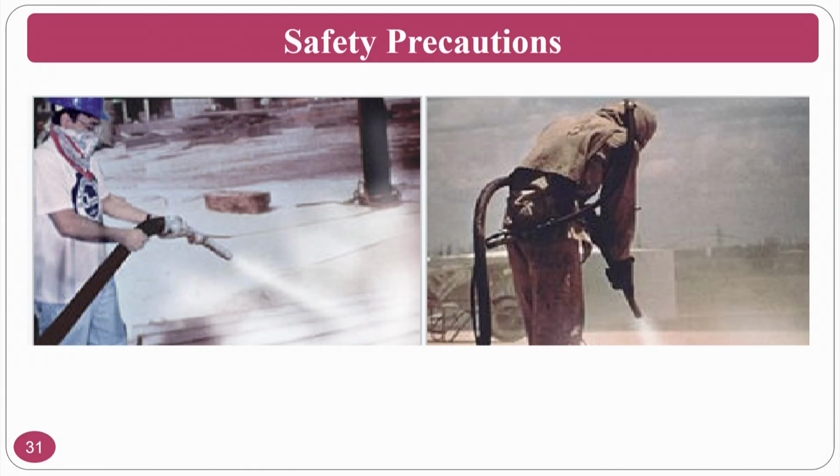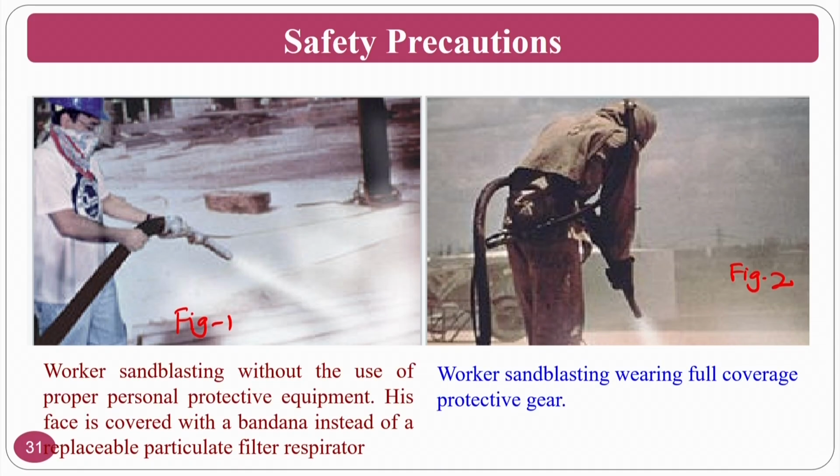If you see figure 1 and figure 2, in figure 1 he is not using any type of apron, he is just using a mask, some handkerchief type of thing. So there will always be a chance that particles can enter like this or like this. You should use a professionally good apron, at the same time mask and goggles, because there is a heavy chance that this particulate matter can enter the eyes also.